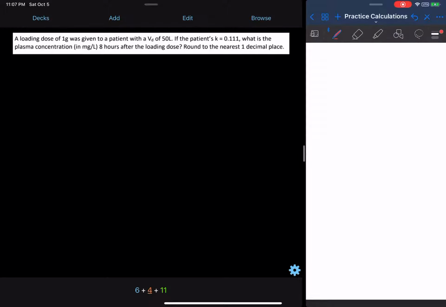Vd of 50 liters. Okay. They said I want plasma concentration, milligrams per liter.